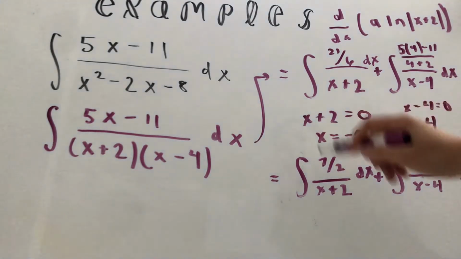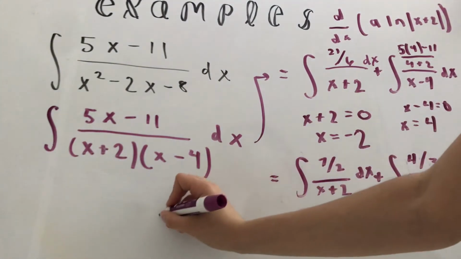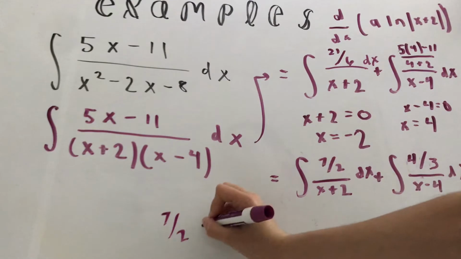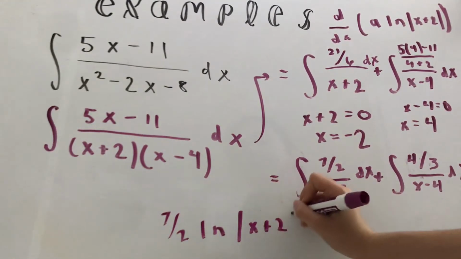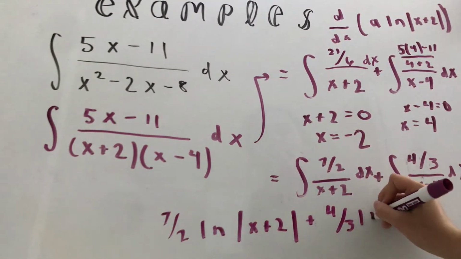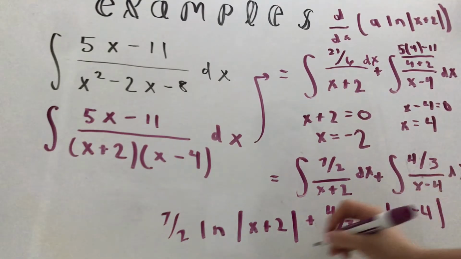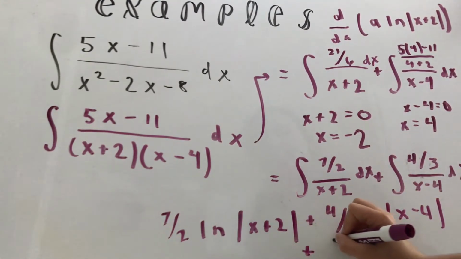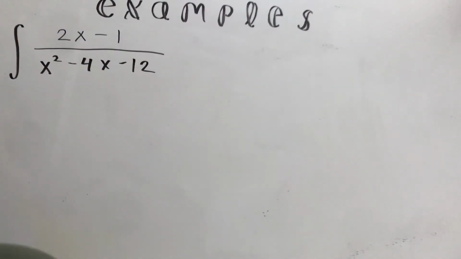So finally, this is super easy to integrate. It's just using your natural log, right? So we get 7 over 2 ln of x plus 2 plus 4/3 ln of x minus 4. What am I missing? Fabulous, plus c. That fell out of the frame, but we have a plus c.